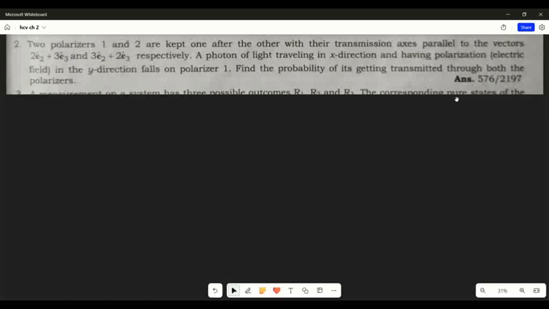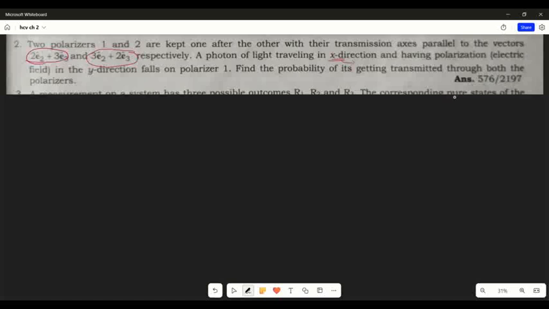Question number 2 is: two polarizers 1 and 2 are kept one after the other with their transmission axis parallel to the vectors. The transmission vector of the first polarizer is 2e2 cap plus 3e3 cap, and the transmission axis for the second polarizer is 3e2 cap plus 2e3 cap, and a photon of light traveling in the x direction.